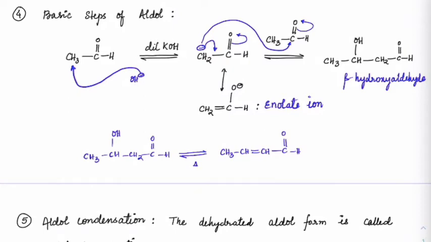If you operate at higher temperature, it won't stay at aldol. The aldol will become this alpha beta unsaturated aldehyde or ketone.